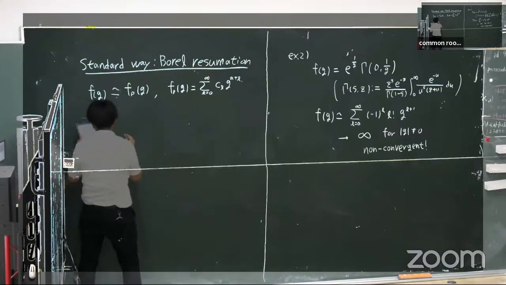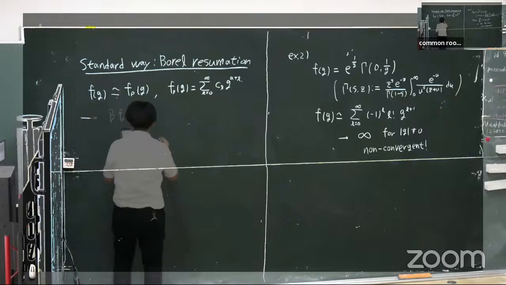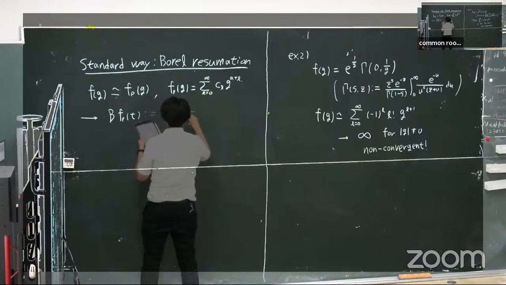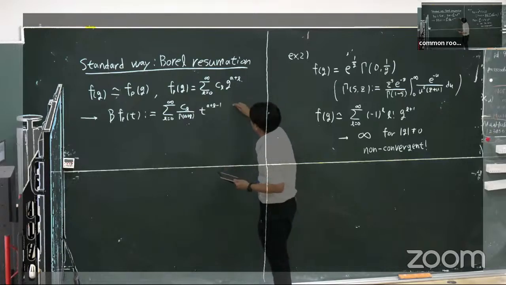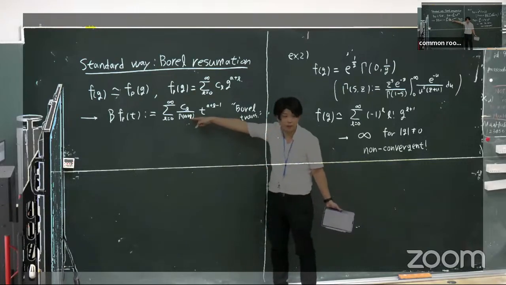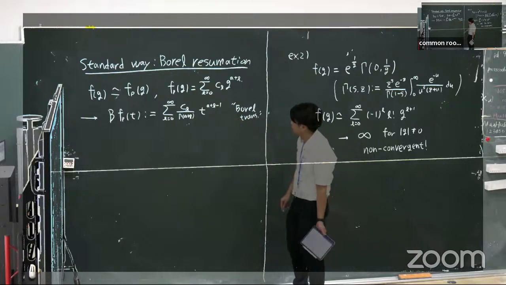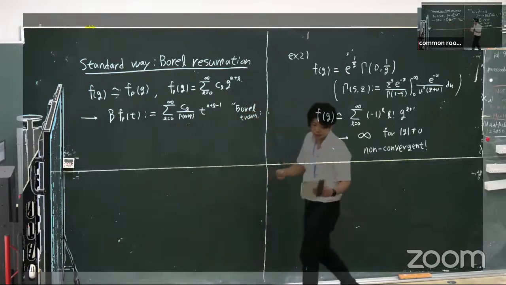Then in Borel summation, first we introduce an object called the Borel transformation, which is given by this series. You see that there is basically a factorial in the denominator, so this makes convergence better. In general, even if the original perturbative series is not convergent, this one could give a convergent series.